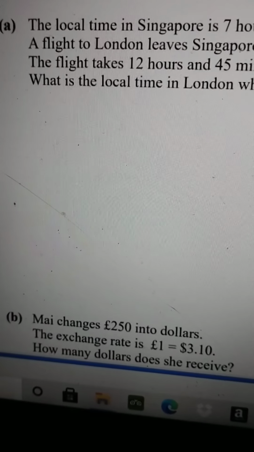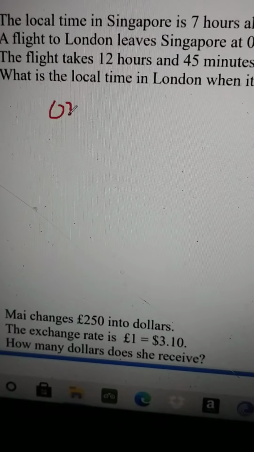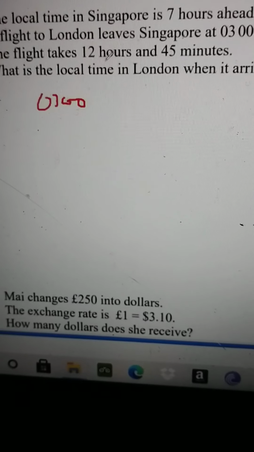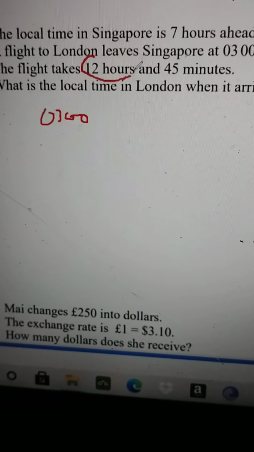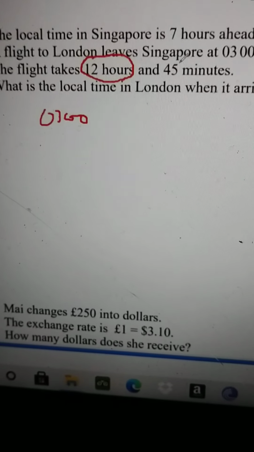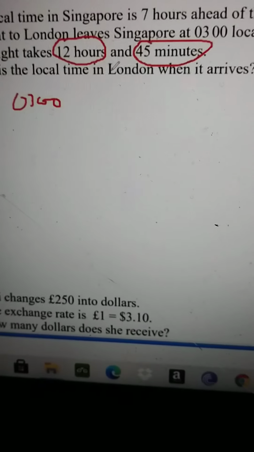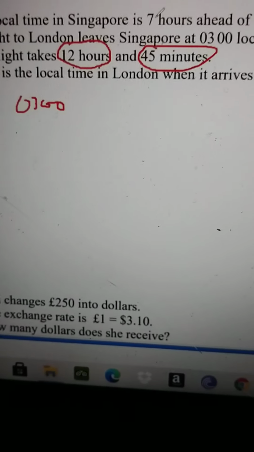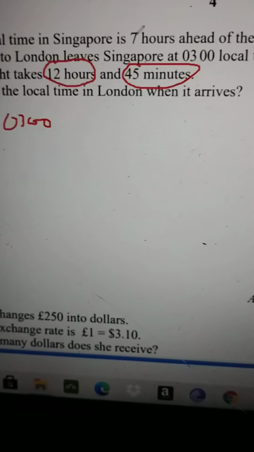So from 0300 hours, you can do it orally as well. Add these 12 hours and also the 45 minutes. Once you get the result, then you have to remember that Singapore is 7 hours ahead of the local time in London.